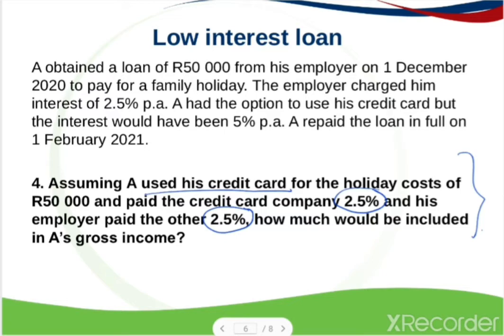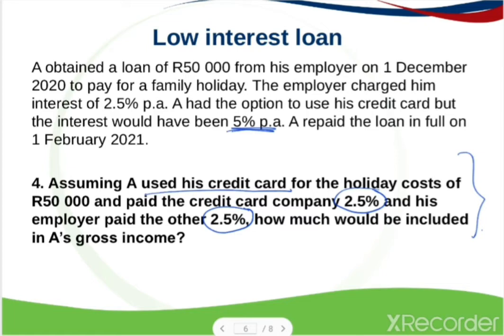And how you would work out the fringe benefit for the subsidy is you want to see what a market-related interest rate would have been on this debt. So if A was solely responsible for the debt, he would be paying 5% to the credit card company. But thanks to his employer, he's only paying 2.5%.